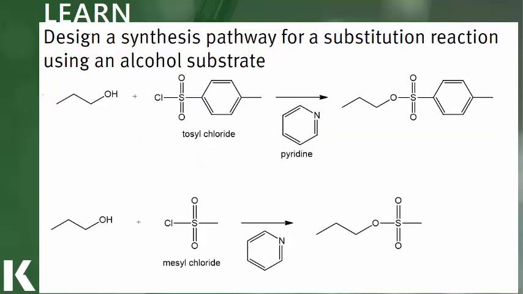Now we're looking at both tosyl and mesyl. So we'll start with tosyl groups. In these reactions, we'll start with an alcohol. That OH is a nucleophile, so it can attack the sulfur and kick off chlorine as the leaving group. Now, in this reaction, we would be producing protons and we would be producing chlorine.